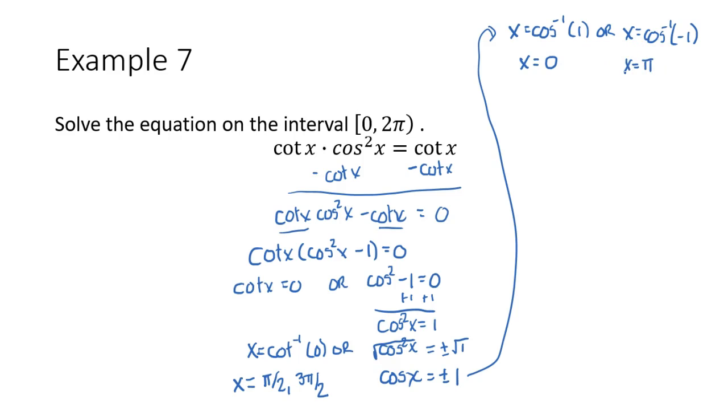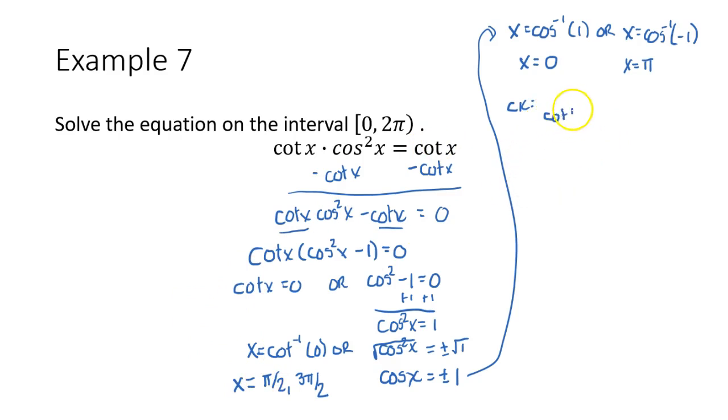Okay, now, we haven't come across this just yet, but now it's really important that we check our solutions and make sure they work in the original problem. Because what can happen is we can end up with solutions that give us something that is not defined. So we'll start with pi over 2.